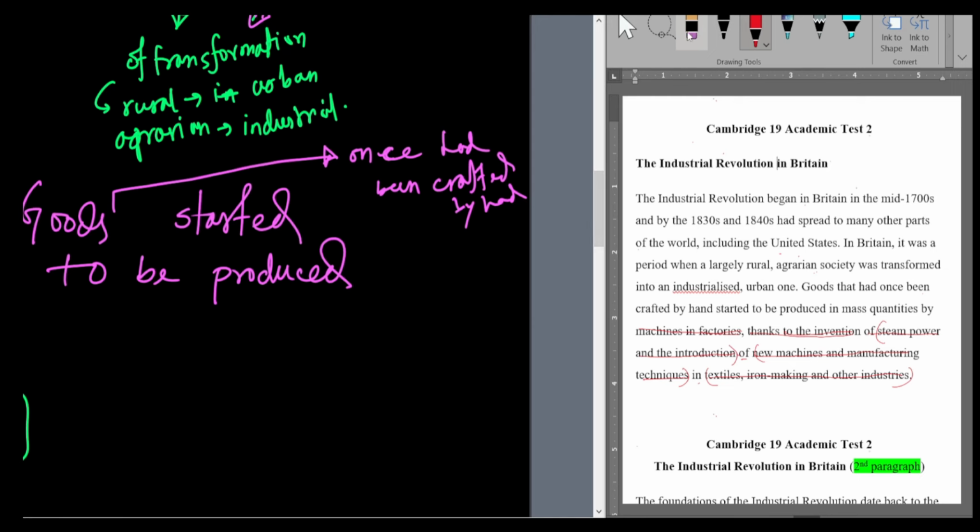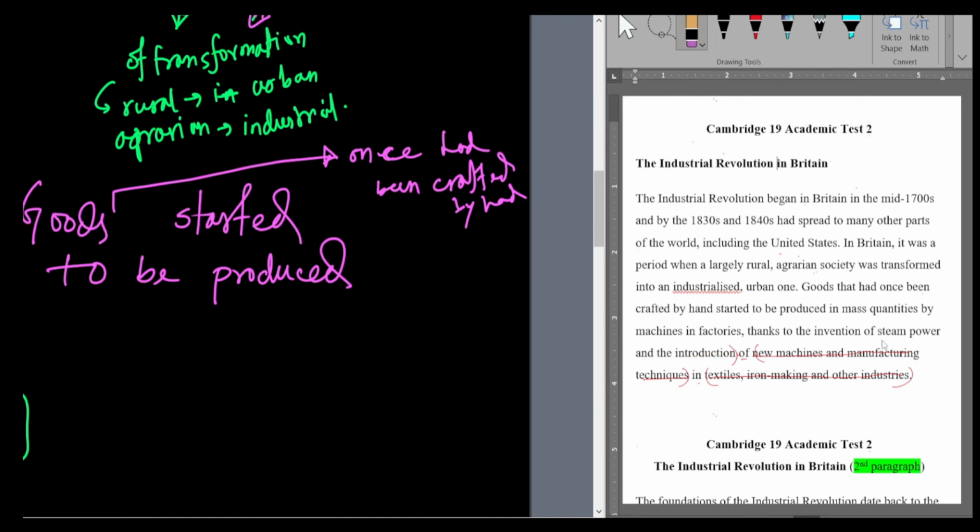Goods started to be produced in mass quantities, or we can say in lots, in a larger amount. Goods are produced in a larger amount by machines in factories. Okay, goods started to be produced by machines in factories, and because of what? Why are goods produced in such a large amount? Because of the invention of what?